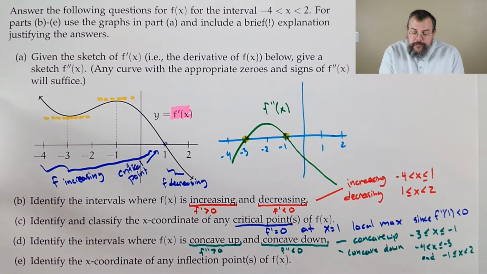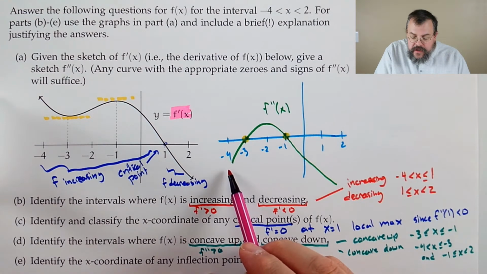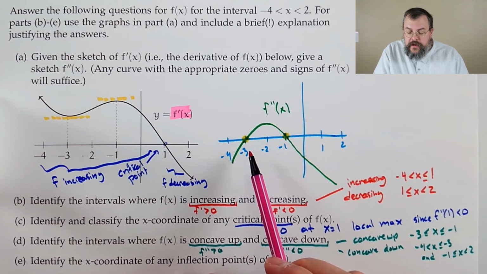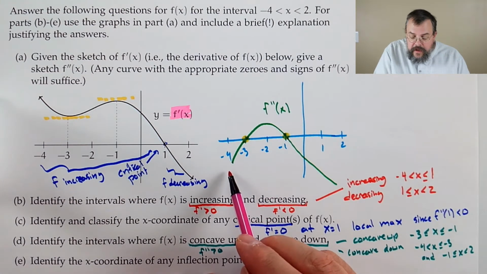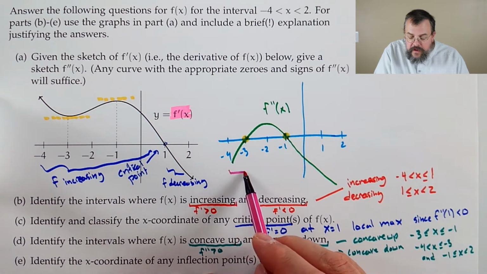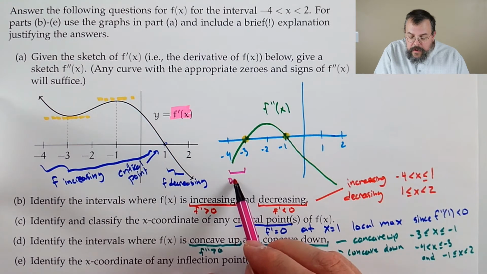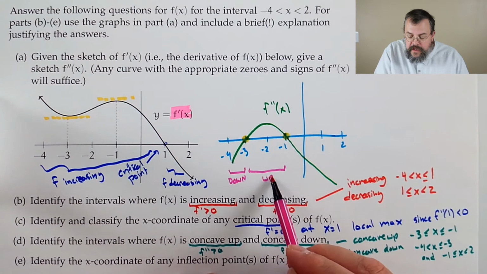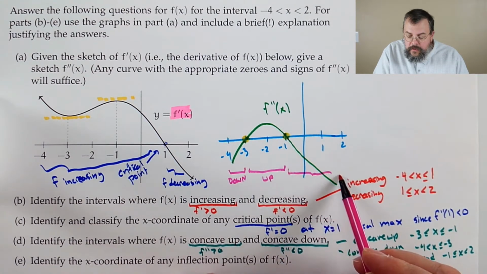Okay, well, an inflection point corresponds to where we change concavity. And if you look at the picture, we're asking where does the second derivative change sign? From positive to negative, or negative to positive. And we could, of course, phrase it in this way. We could see, look, initially we're down, and then we're up, and then we're down again.